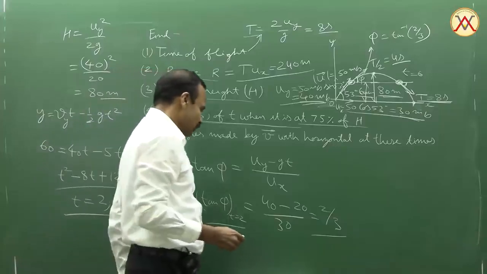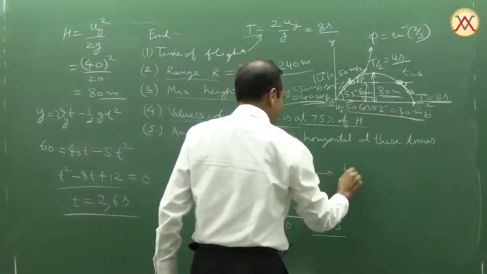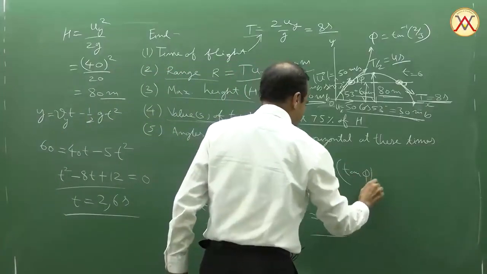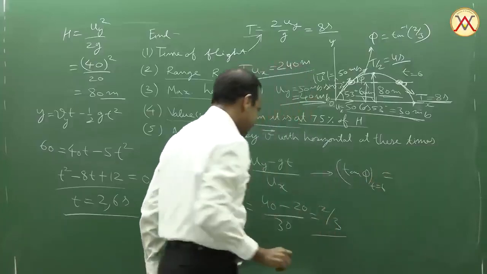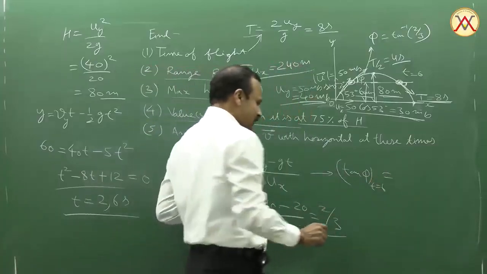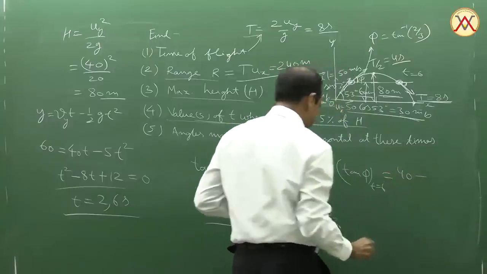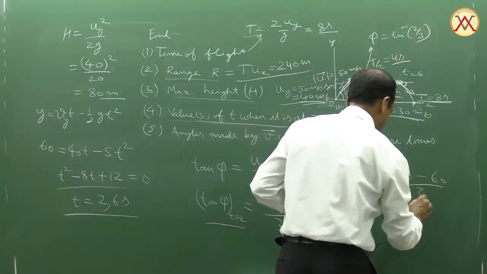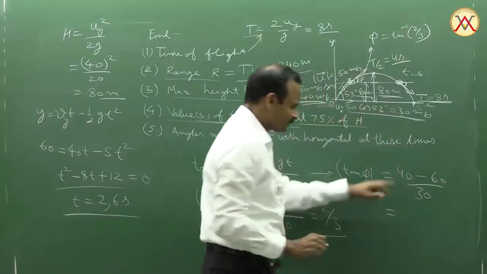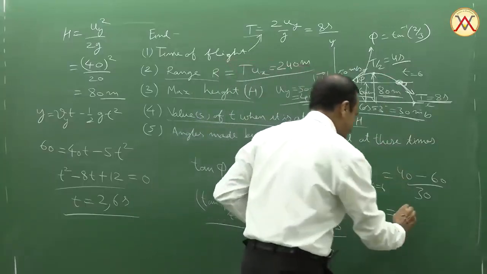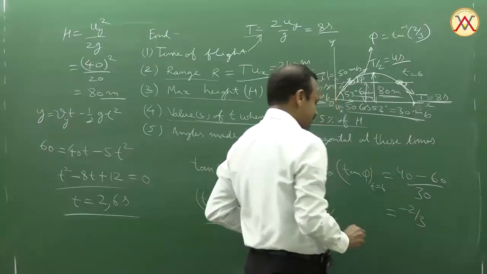If we do this for 6 seconds, so tan phi at t equal to 6, how much is this? Again, uy is 40, minus gt is 60, divided by 30, so it becomes negative 20 by 30, or negative 2 by 3.